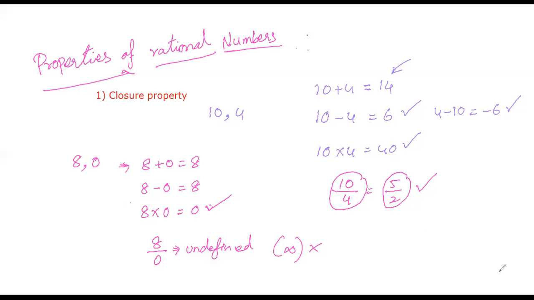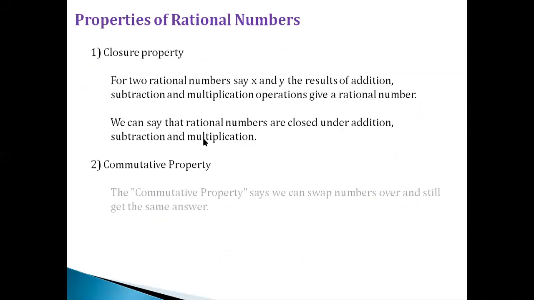So what's the second one? Commutative property. What exactly does it mean? In commutative property, we have two things: it works for addition and multiplication.